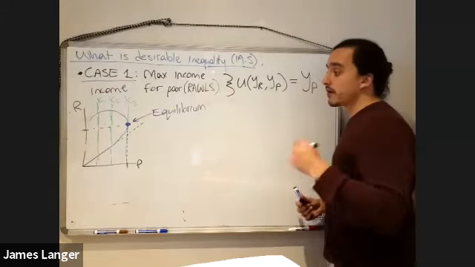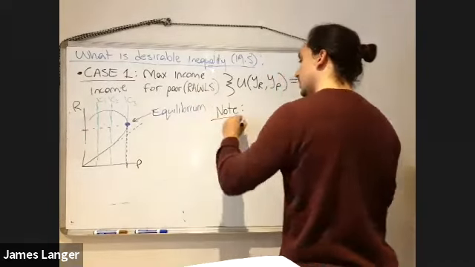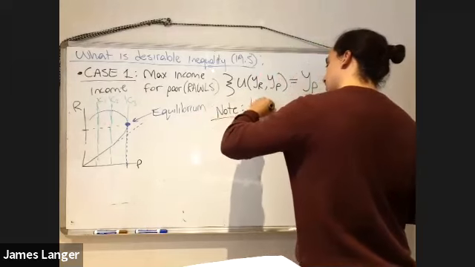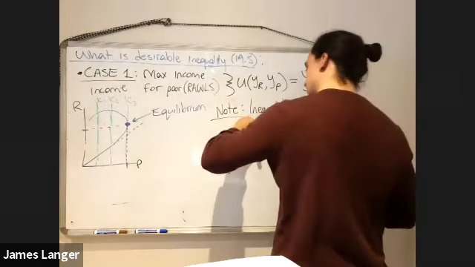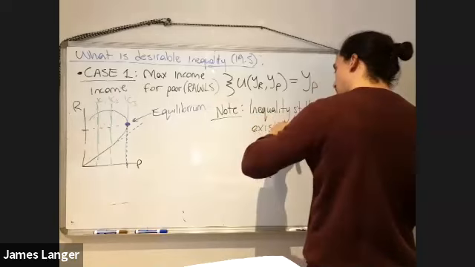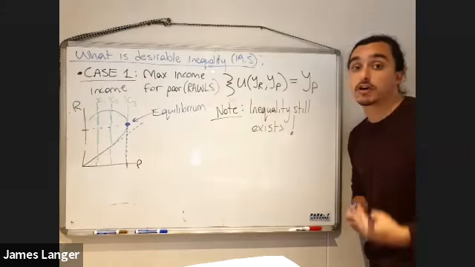Okay. Something very important to note. Inequality still exists. And again, this is what we were talking about earlier. Some economic inequality is still to the advantage of the poor.